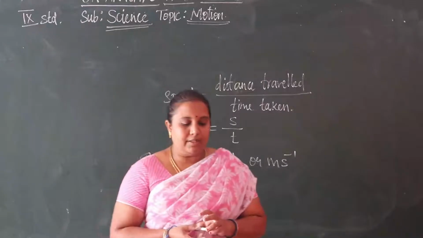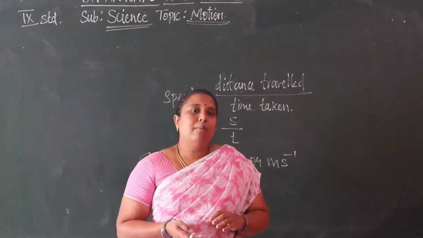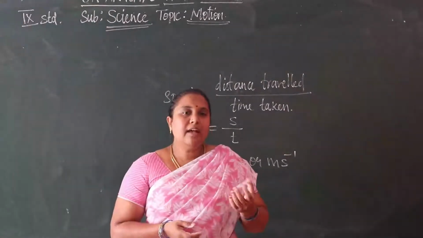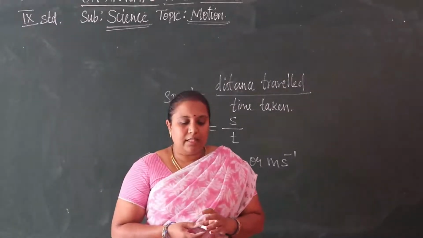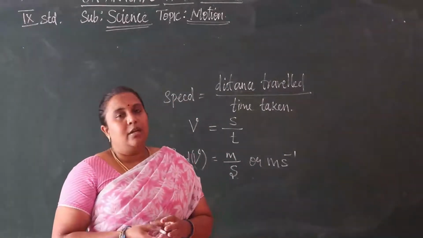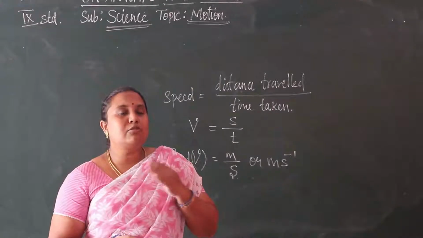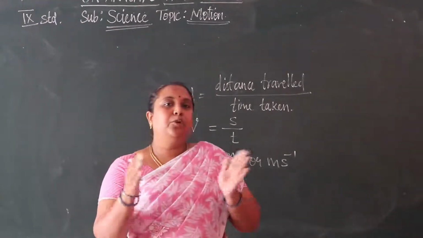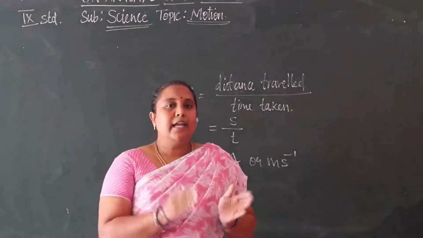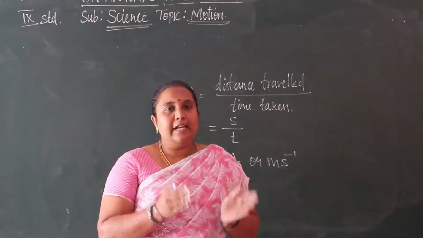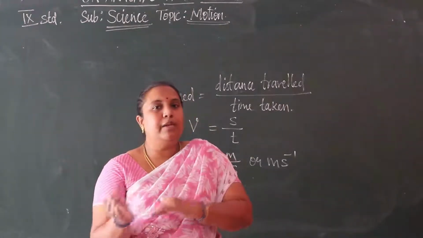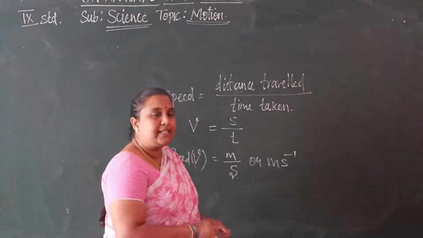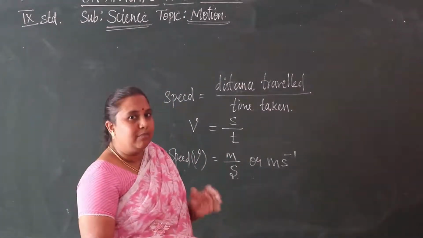We can have different values throughout the motion. For a body traveling from A to B, A to C is different, C to D is different, and D to B is different. That is non-uniform motion.